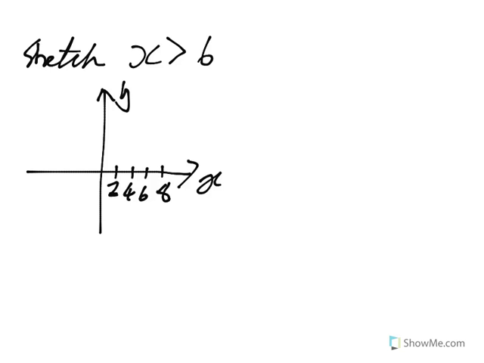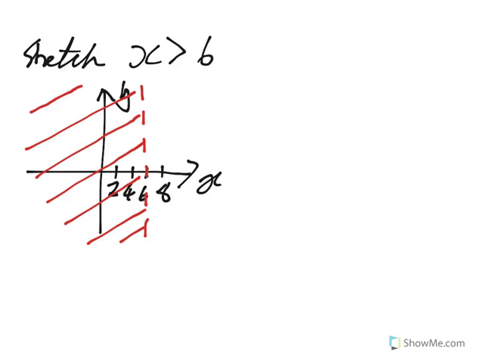Because it's greater than and not equal to, the line needs to be a dashed line. That indicates that up to, but not including, 6 is required. What do we require? We require x greater than 6, so we require up here. Remember, we cross out what we don't want. So we don't want that bit over there.